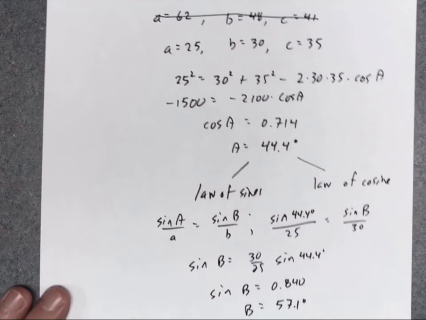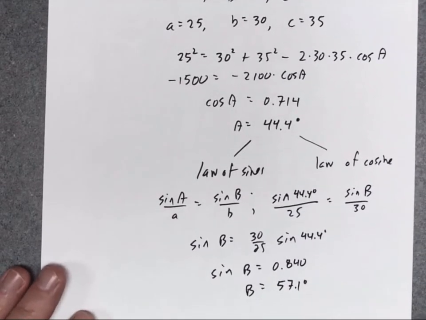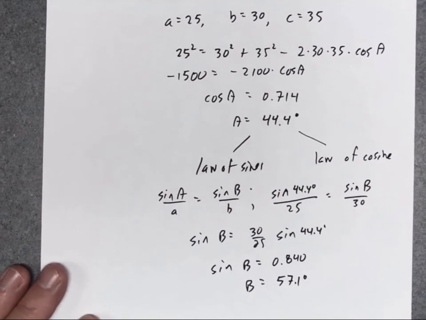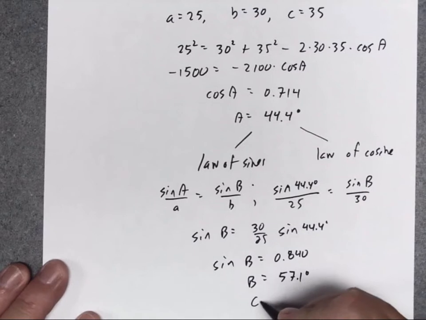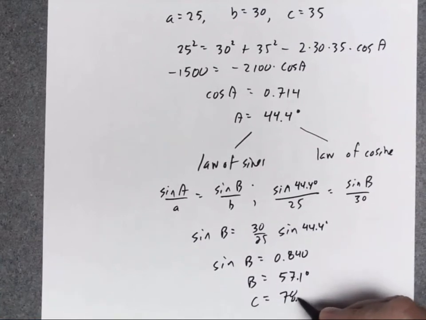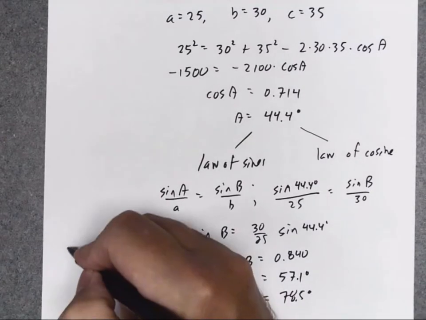And now at this point, since I know angle A and B, I can just subtract them from 180. When you do that, you get angle C is 78.5 degrees.